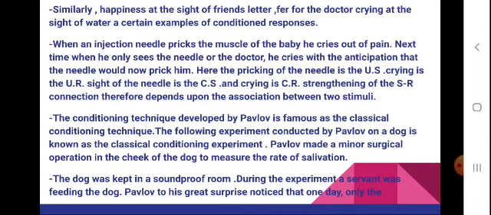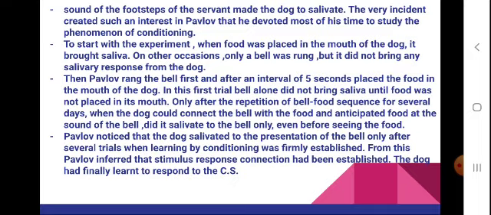During the experiment, a servant was feeding the dog. To Pavlov's great surprise, he noticed that one day only the sound of the footsteps of the servant made the dog salivate. The very incident created such an interest in Pavlov that he devoted much of his time to study the phenomena of conditioning, that is, learning.